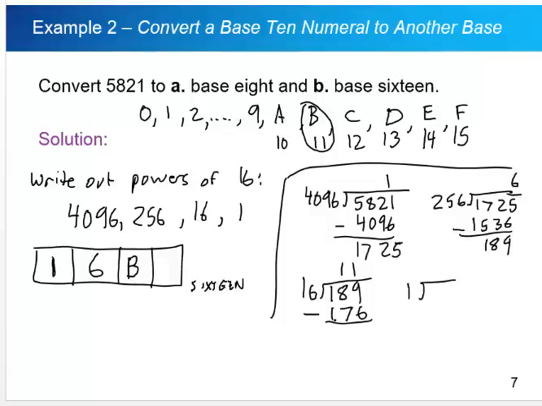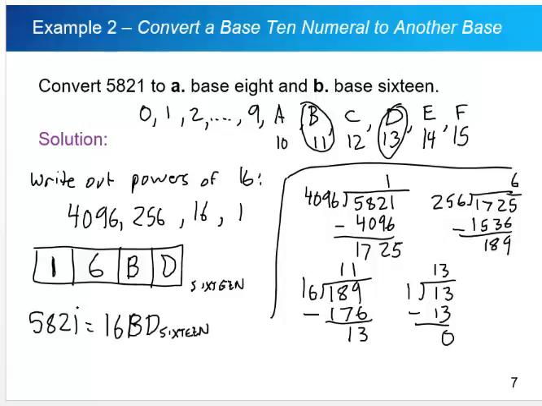So we want to take our remainder here. Our remainder is 13. And finally, we want to know how many 1s go into 13. 13 with remainder 0. Again, instead of writing 13, I want to write D instead. So that makes our answer 5,821 is 16BD base 16.